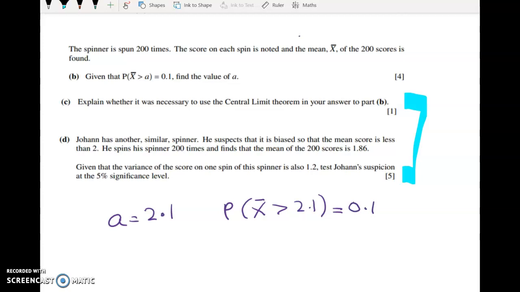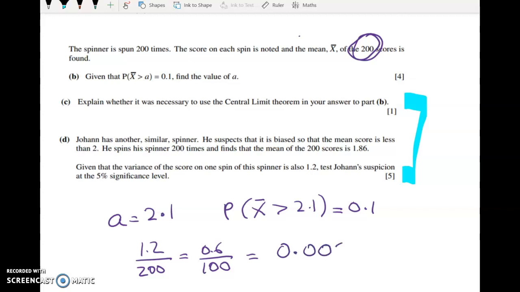And if you think about why that is, it's because we're taking such a big sample, my variance is really, really low. So it's 1.2 divided by 200, which is 0.6. I'm doing this slowly. I haven't done this before I made the video. 0.6 divided by 100, which is a very low 0.006.